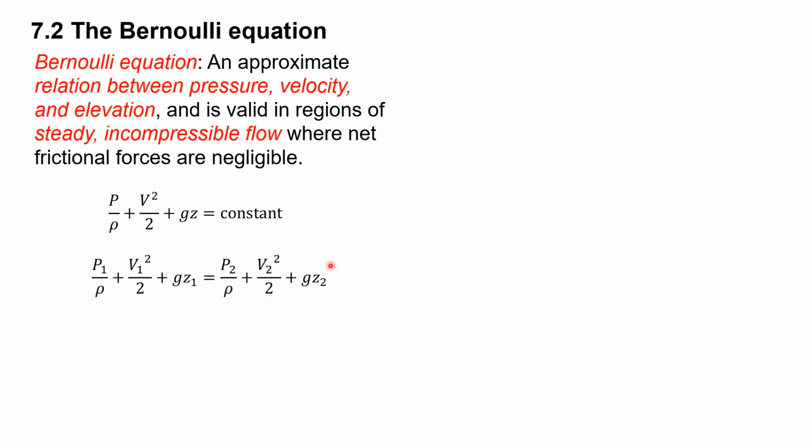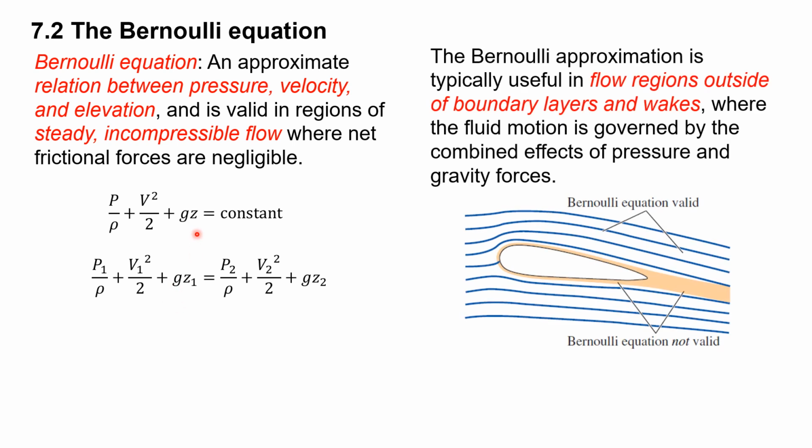The same equation for point 1 equals the same equation for point 2. It will be steady, so the value will be the same. Let's say the question gave p, rho, and z for both conditions, but v is not given. The unknown parameters you can find using Bernoulli's equation.